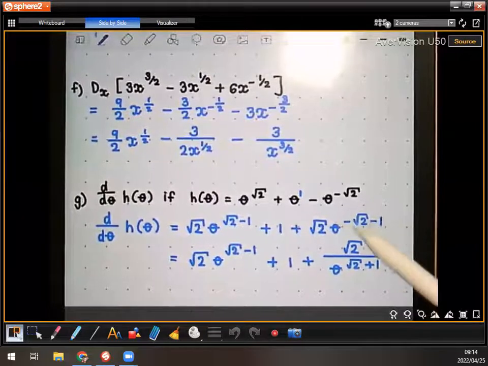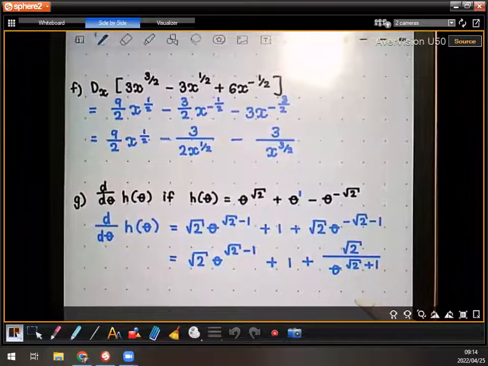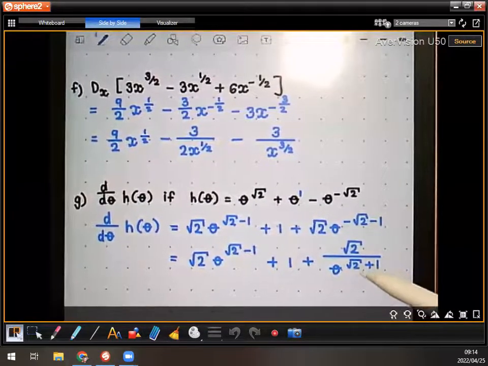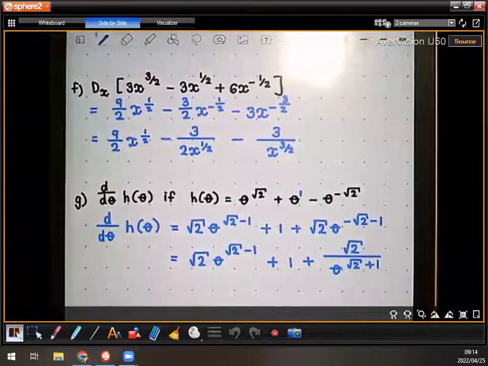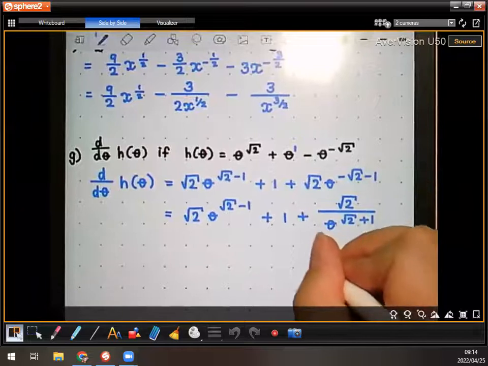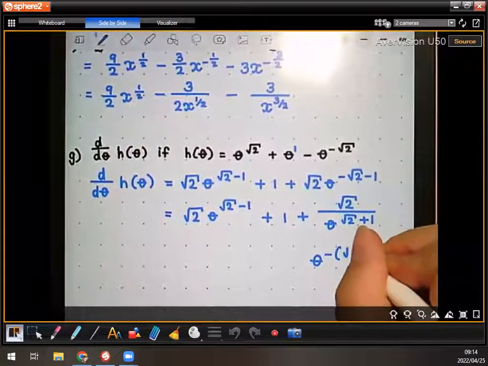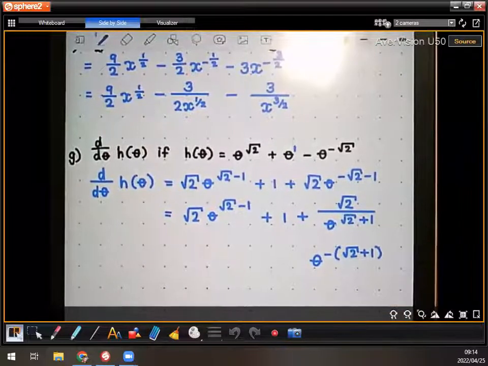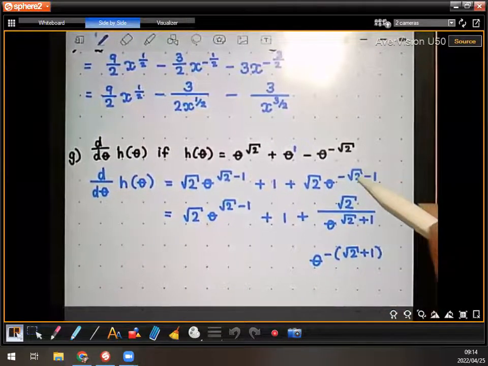So this whole exponent, you need to make it positive by moving the theta to the bottom. But because the exponent consists of 2 terms, both of those terms are going to change their sign. Okay, it's almost like you're doing this. You can write this as negative root 2 plus 1. Right? Do we agree that this is the same as that?